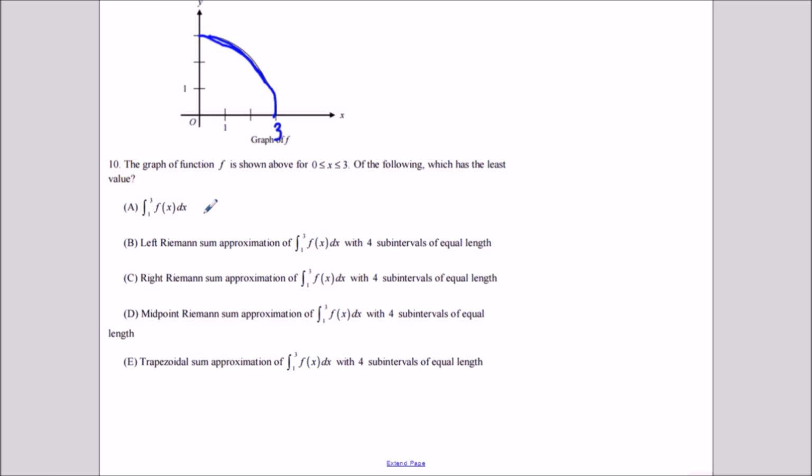And now for choice B, we're looking at a left Riemann sum with 4 subintervals of equal length. So if we break this into 4 equal parts here, a left Riemann sum is automatically going to be greater than the area under the curve because it's going over. This function is decreasing, so the left Riemann sum is going to go over, so this one is definitely not the least.